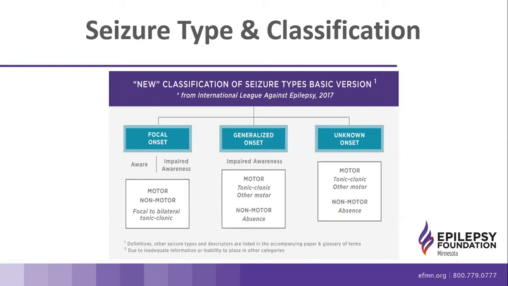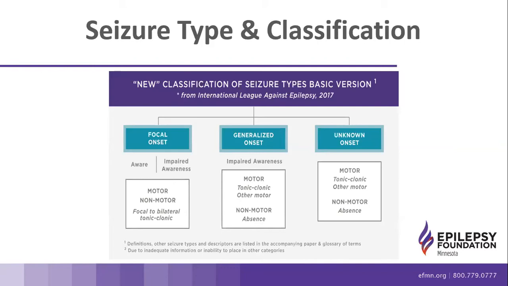When we talk about a focal seizure, we're talking about there is a focus in the brain. There's a focal point where the seizures are coming from, and the person's seizures are actually located in that one spot. When we move over to generalized onset, we know that generalized onset seizures occur across the entire brain, and so the whole brain is involved and will look very different than a focal onset seizure, in most cases.